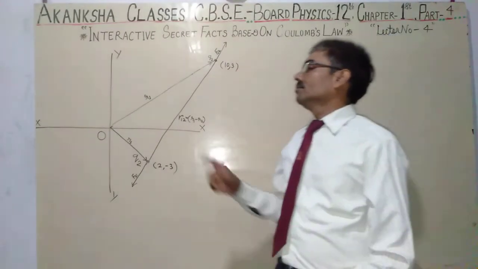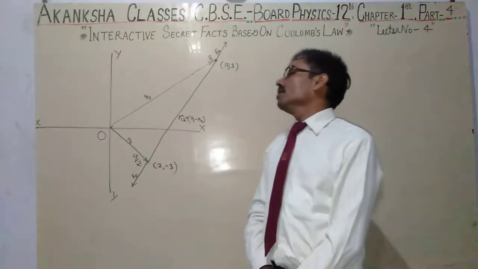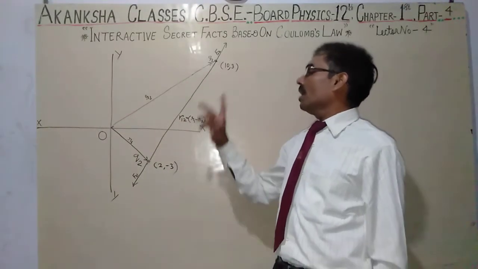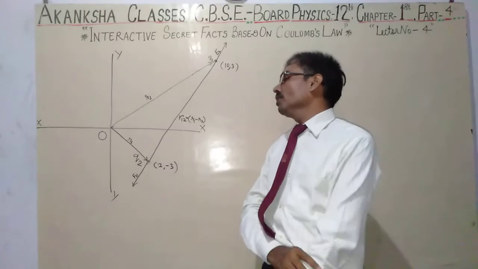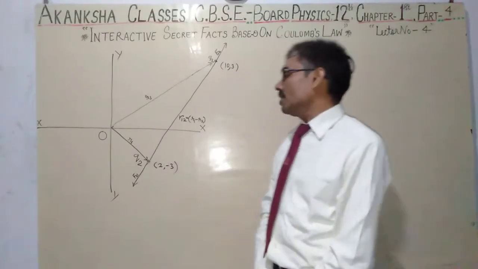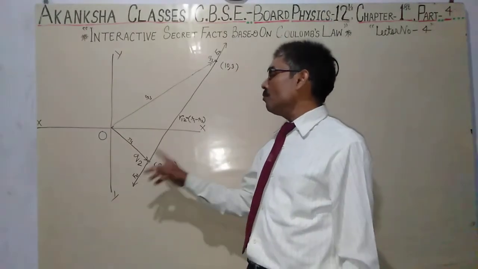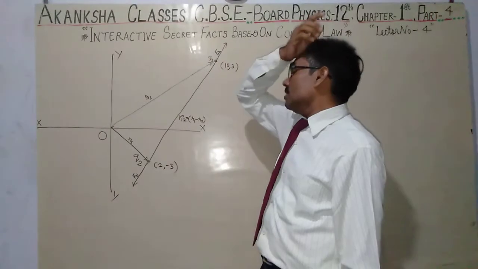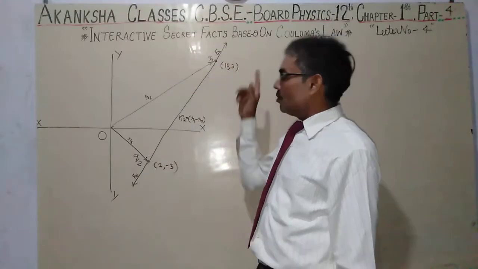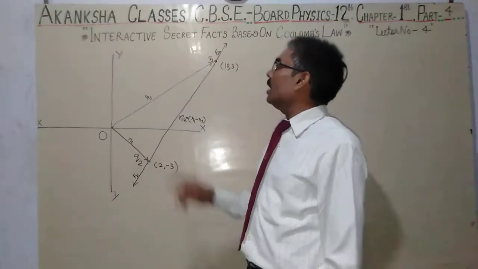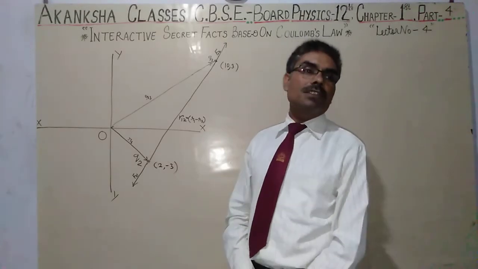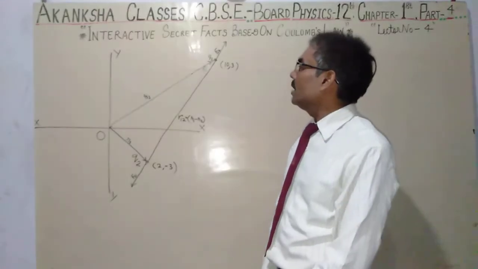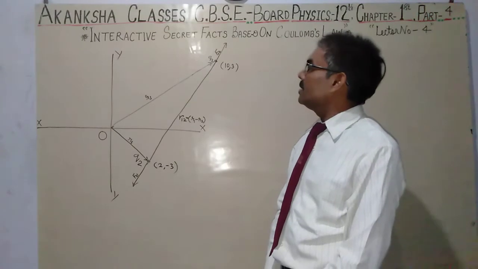Students, this is the origin and Q1 and Q2 are the two charges placed at two points. This sign shows that Q1 and Q2 are of the same nature, hence they will repel each other.